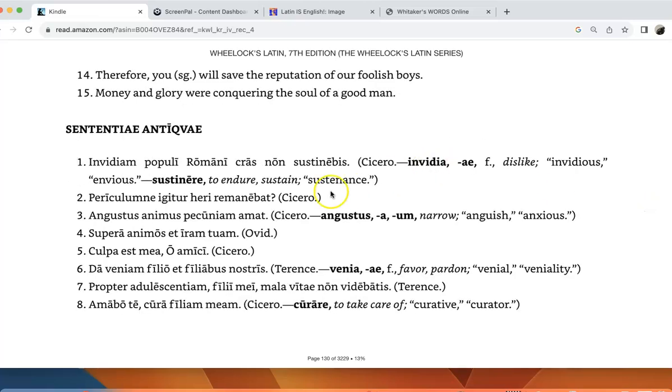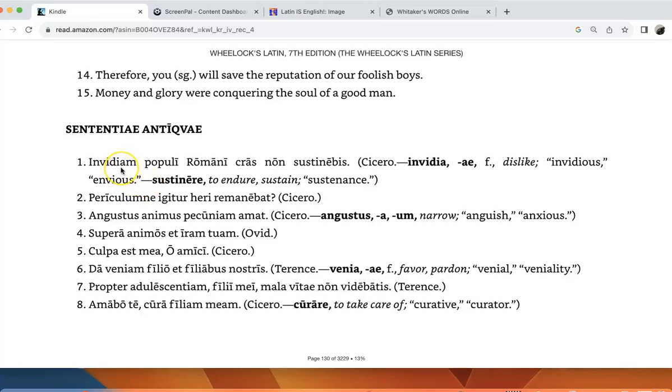Remember, I really strongly recommend, and your book does as well, that your approach for every chapter should be to read through the chapter, and in particular, pay close attention to the examples, learn the vocabulary, then do the self-tutorial exercises for which you have the answers in the back of the book. Once you do that, you'll be in better position to do the sententiae antiquae. Okay, so sort of keep that in mind.